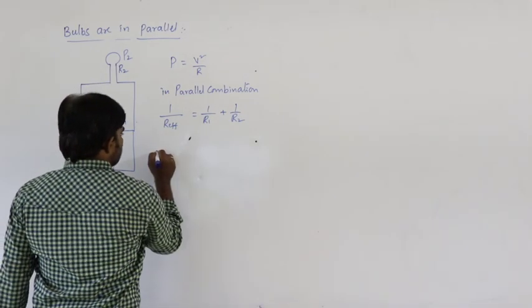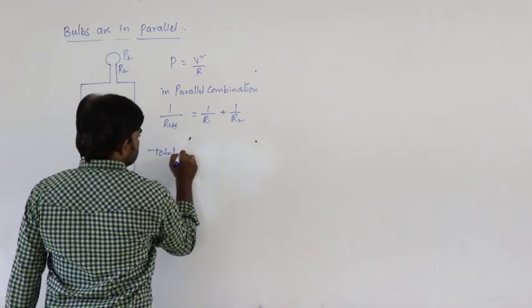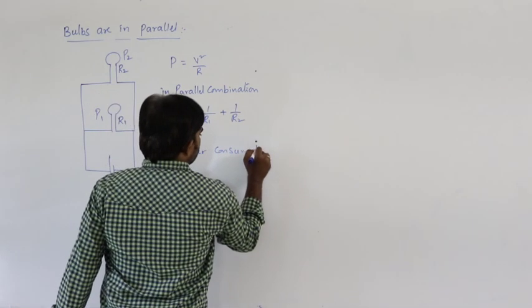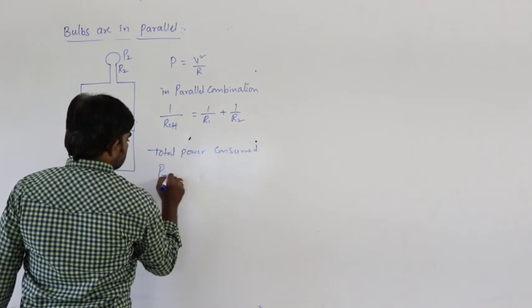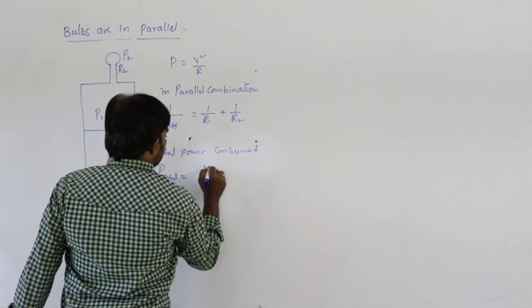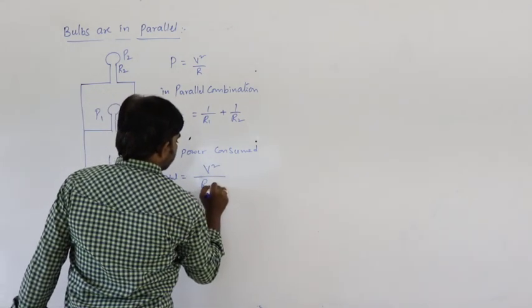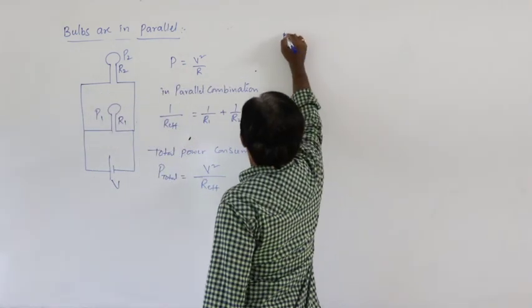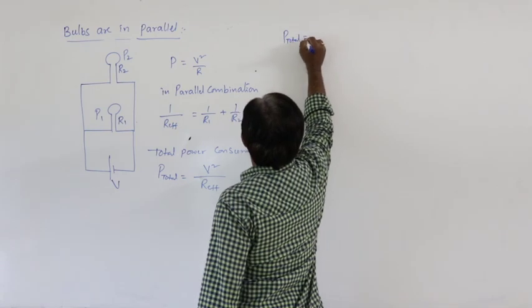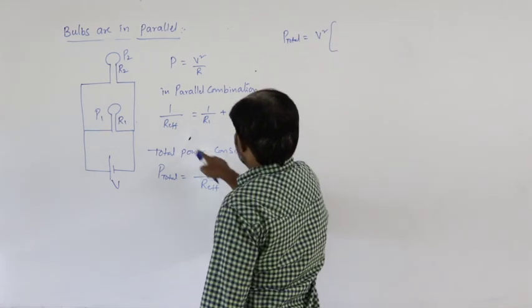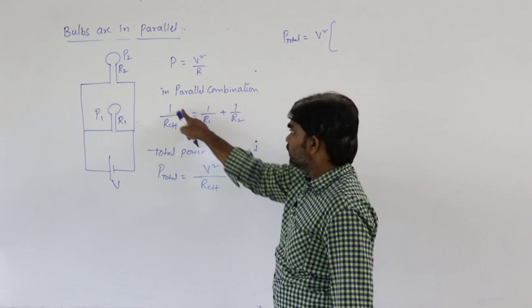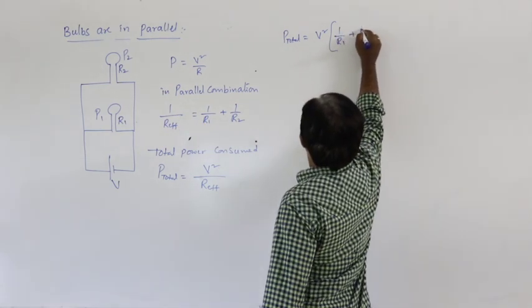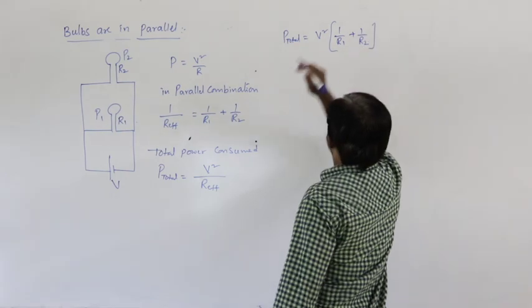Now the total power consumed, P total, is equal to V square by R effective.